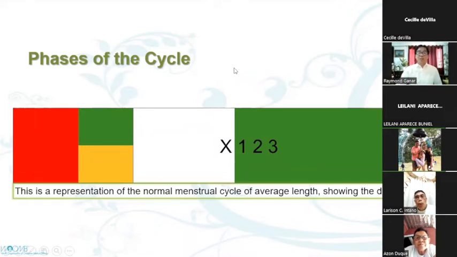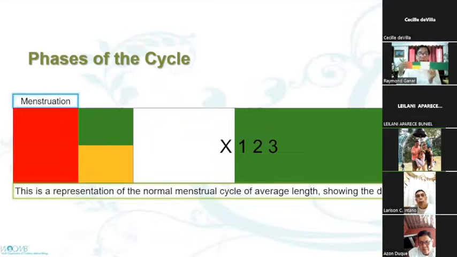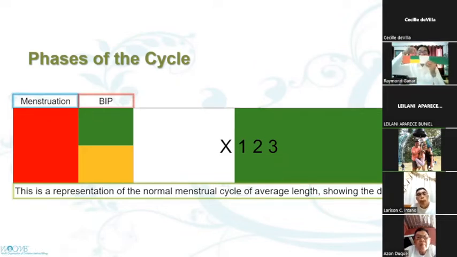These are the different phases of the cycle based on the slide rule. You have menstruation, which is the beginning of the cycle, followed by the basic infertile pattern. There are 2 types of BIP: the unchanging pattern of dry, the color green, and the unchanging pattern of discharge.